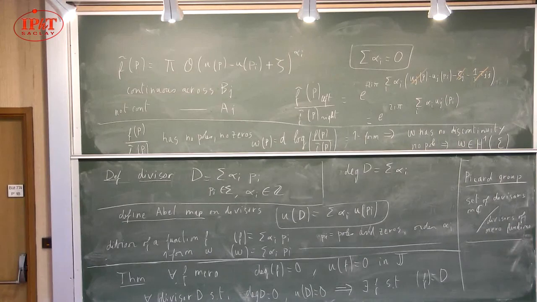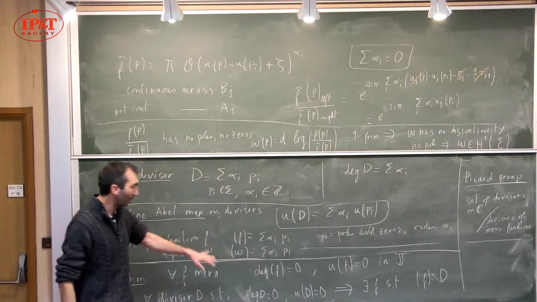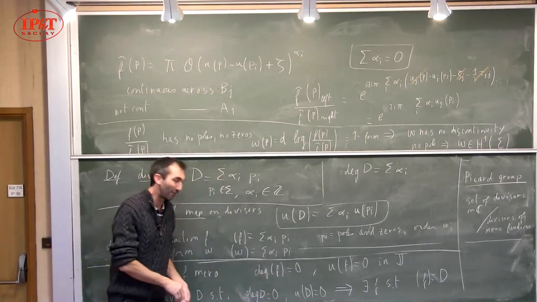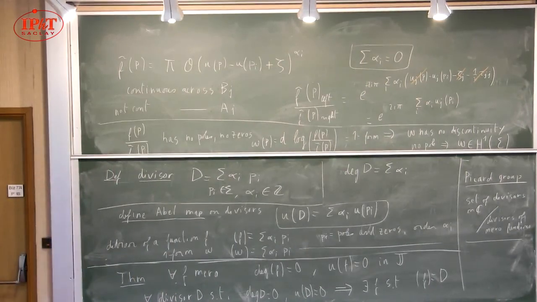Well, I will not use it, but it's just nice to know that it exists. The fact that it's an interesting object is really due to this property that the Abel map vanishes on divisors of meromorphic functions and the degree vanishes.